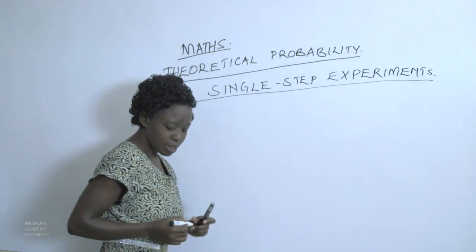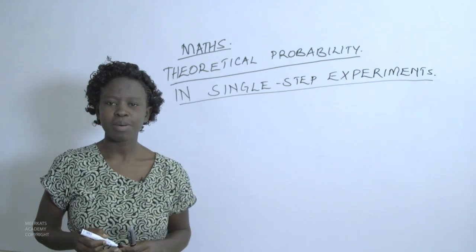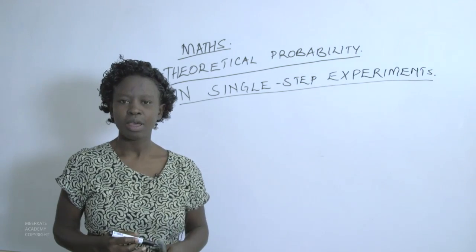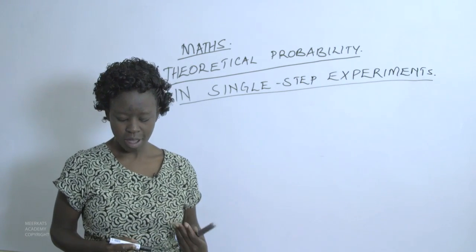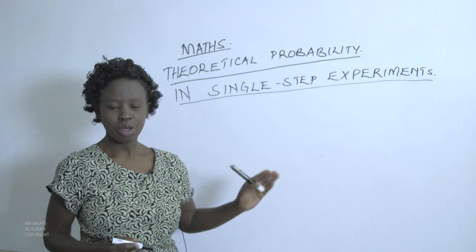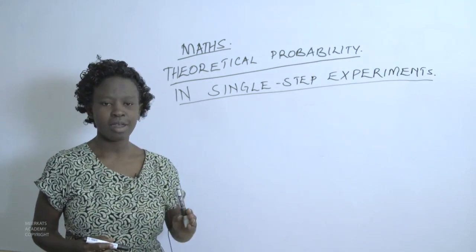So when you are having just a single step in carrying out the theoretical probability, what is expected of us? We are going to look at this using questions for us to understand best.